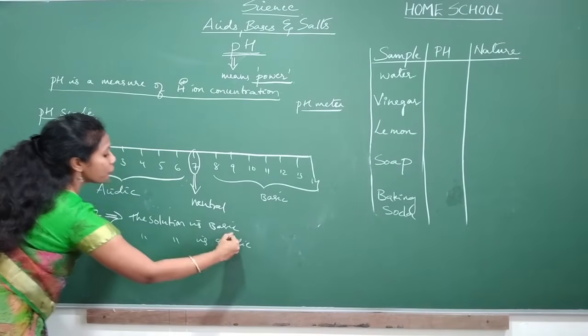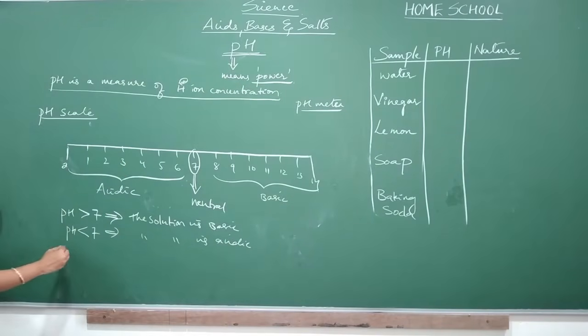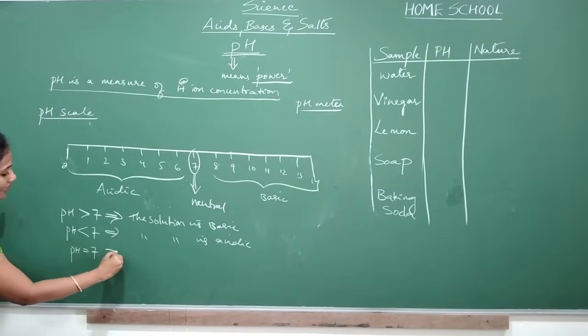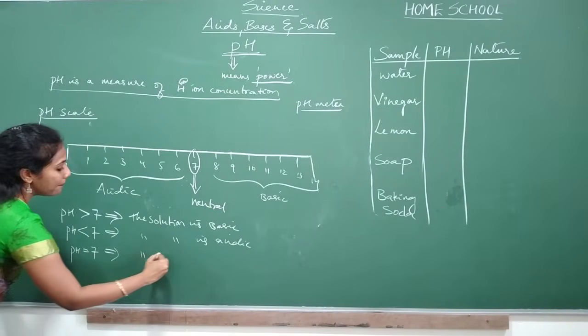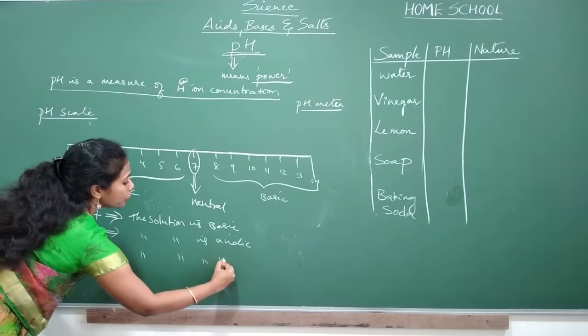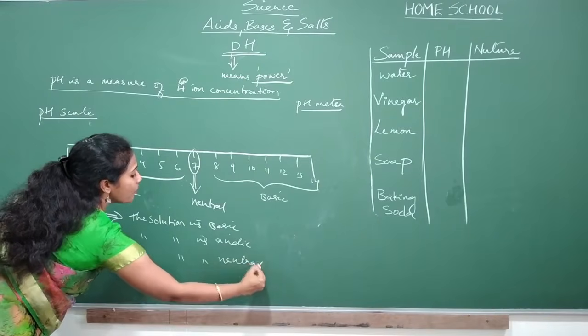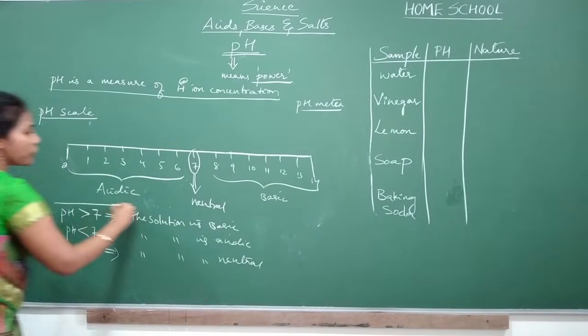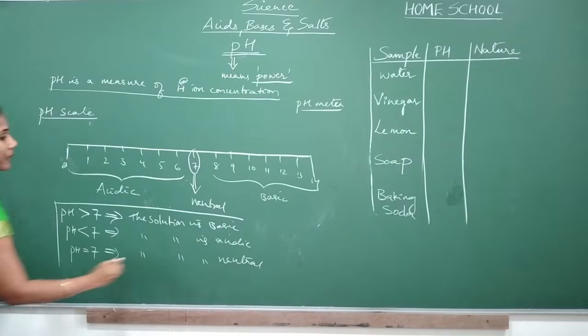All these things you should note down in your book. That's compulsory. And if the pH value is exactly 7, then it says that the solution is neutral. This is very, very important information that you should always remember, guys.